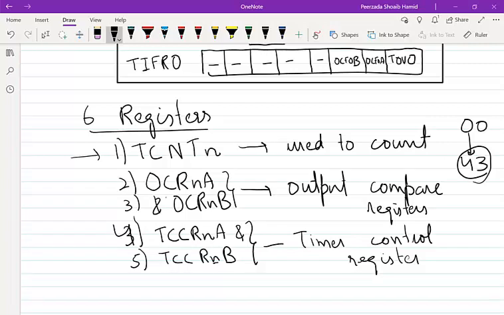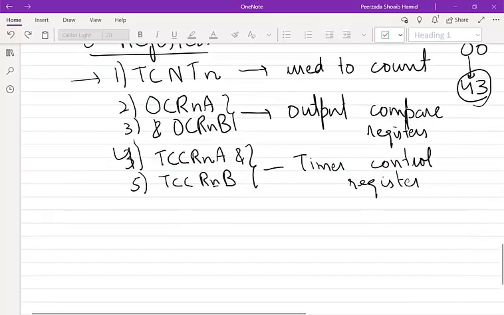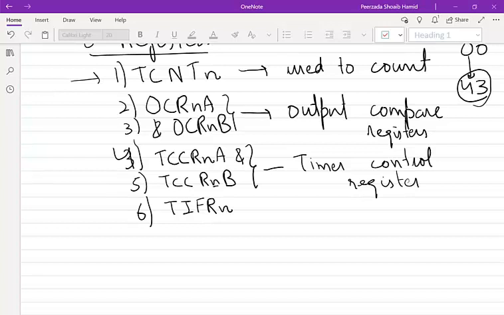Sorry, this was OCR. And then there is the sixth register, that's known as the timer flag register, which contains the three flags. That's TIFRN. This is the flag register.